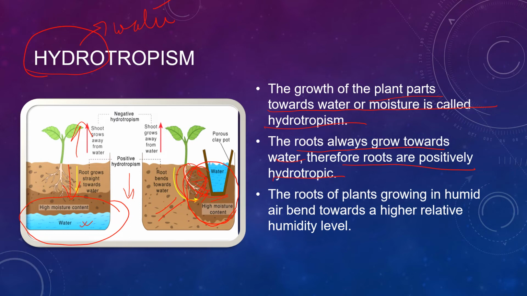The roots of plants growing in humid regions also bend towards higher relative humidity. Here you see in this part of the soil, the relative humidity is lesser than this part, because there is a porous water pot kept in that part. So the soil has become more humid, more moisture laden in this part, and the roots are bending towards that porous pot of water. Now we will move on to the next one.